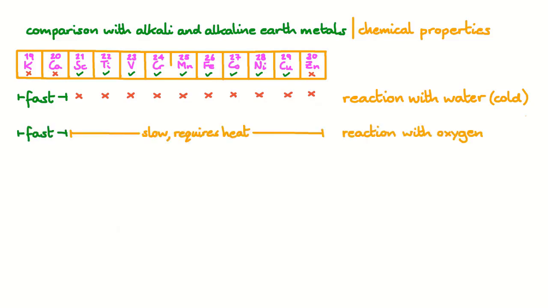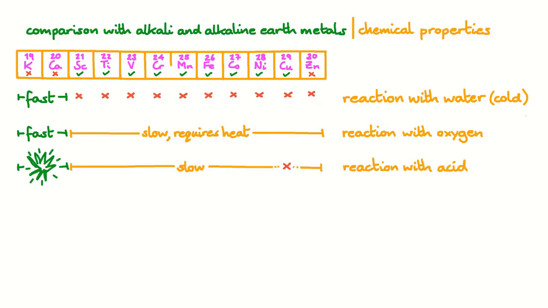Meanwhile, pure calcium and potassium will react fast with oxygen, tarnishing in air. But for the rest of the elements, the reaction is slow and generally requires heat. But the most dramatic difference occurs when we use acid. Potassium and calcium explode, while the transition metals have slow reactions, or nothing at all in the case of copper.